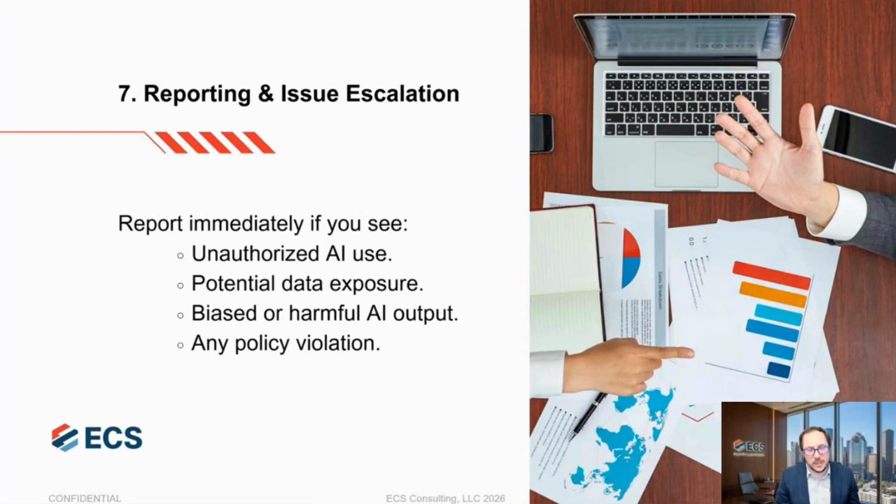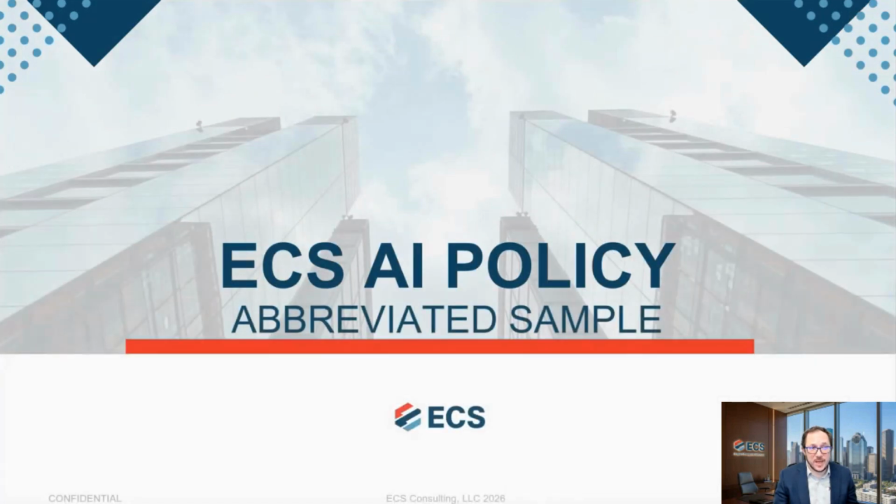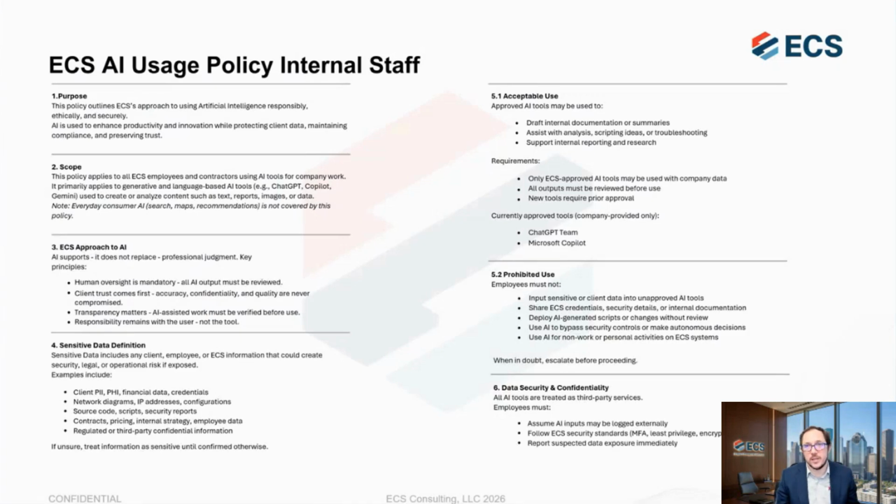I will guarantee you that within your company, people are already using it. Whether you know how they're using it or not depends on how strong your policies and procedures are. With this in mind, I'm going to go through and show you guys our example, an abridged version of how our AI policy looks.